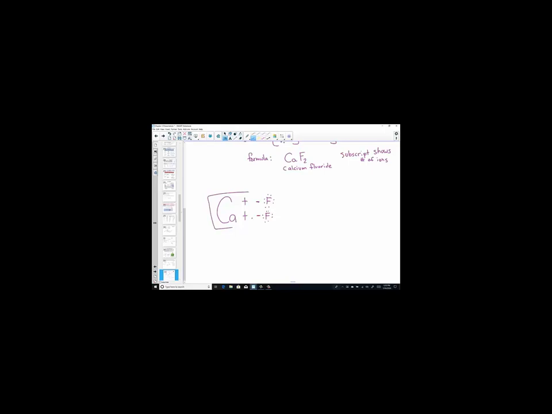So this is 1 Ca, and it took 2 units of the fluoride to create the same magnitude of the charge to be electrically neutral. 1 calcium for every 2 fluorides, +2, and 2 units of -1.